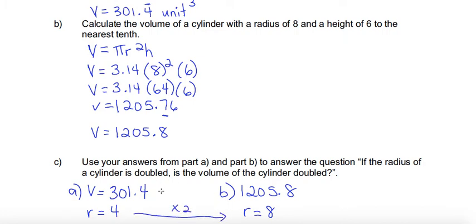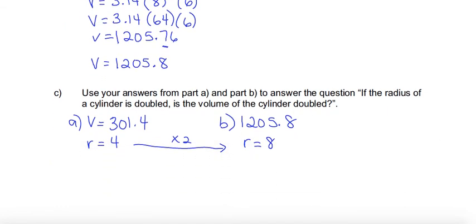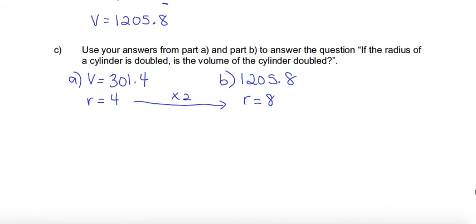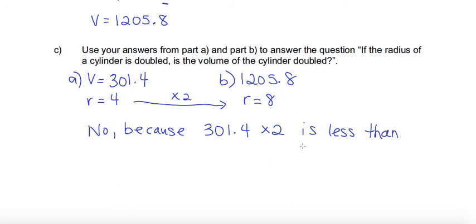But if I was to multiply my 301.4 by 2, I would get an answer that is smaller than 1,200. So is the volume of the cylinder doubled? The answer to that would be no. So I would say no, because 301.4 times 2 is less than 1,205 and 8 tenths.